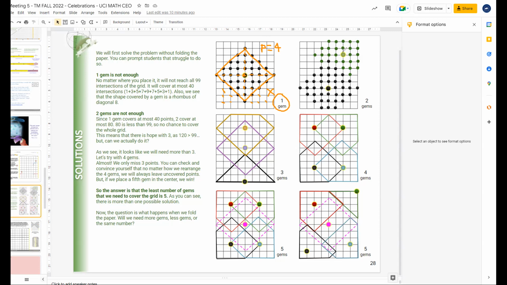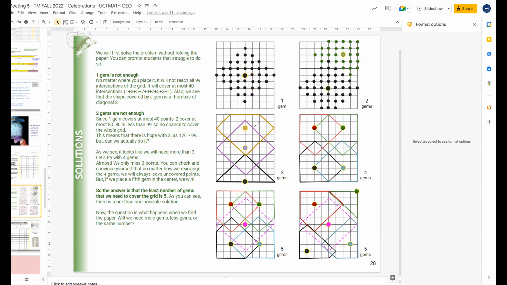Two gems do a better job, and you can see the details here on what this region is, for this gem and for the other gem. Together they see more, but they still don't cover lots of things. All these points here are not covered.